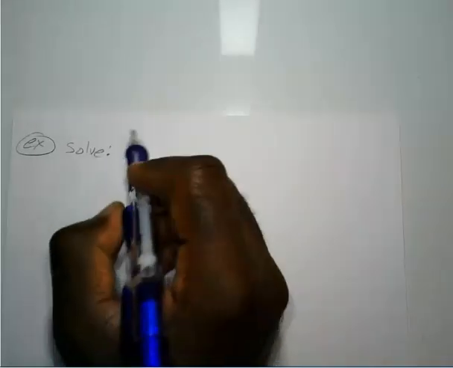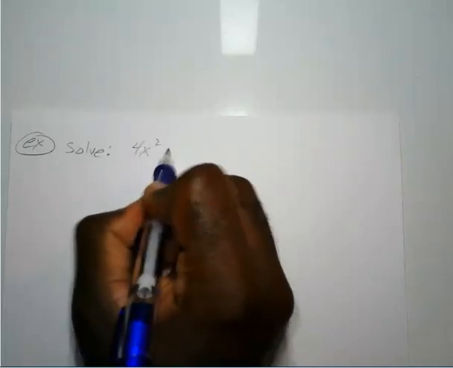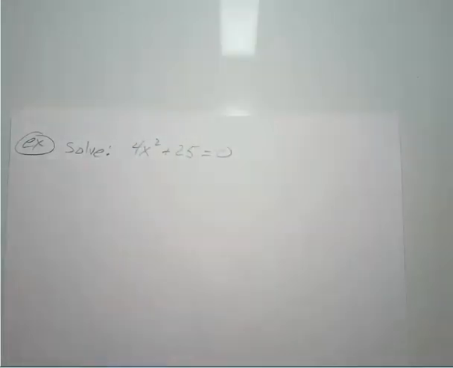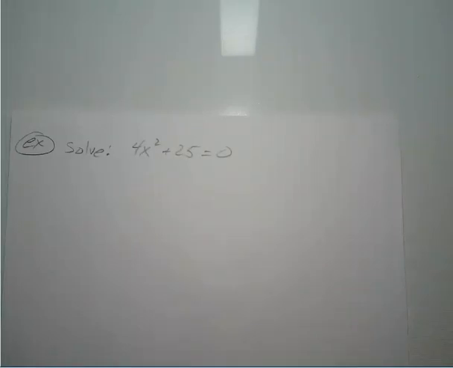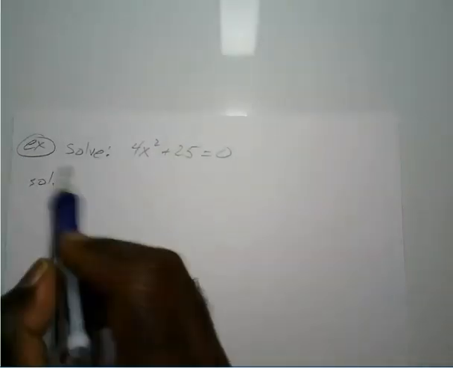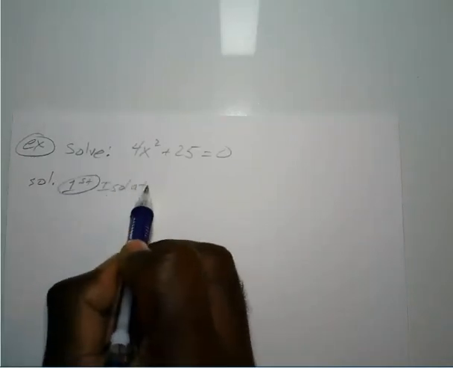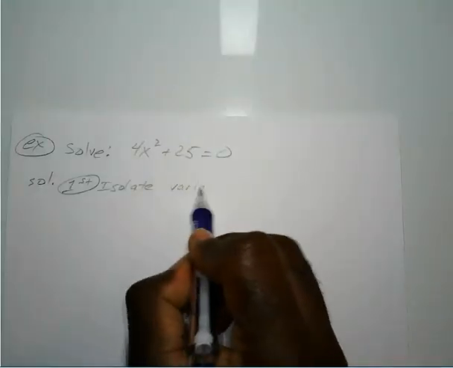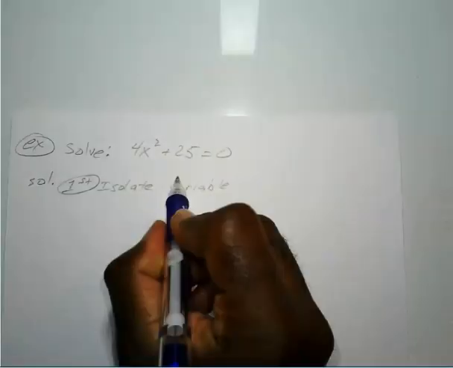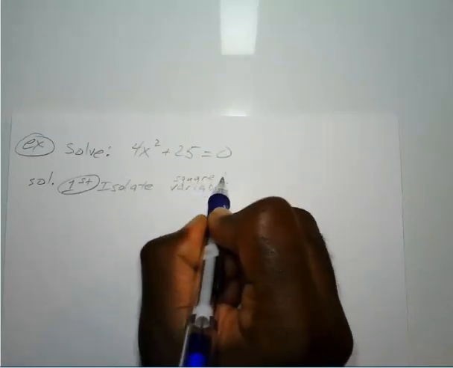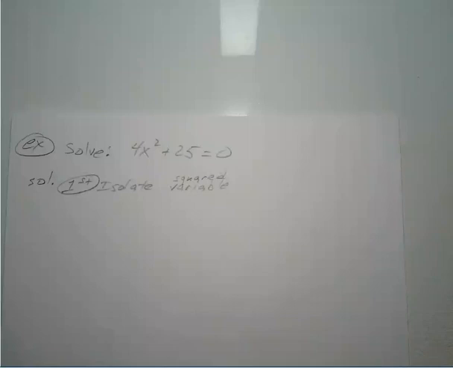Okay, what if, for example, we wanted to solve 4x squared plus 25 equals 0. Just like before, your first step would be to isolate your squared variable.